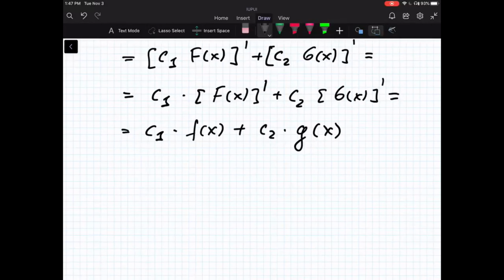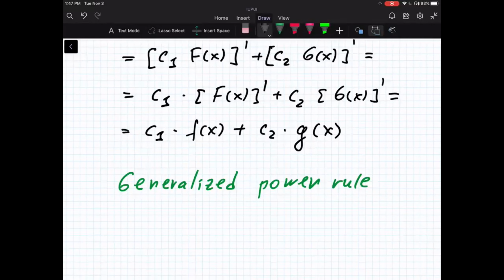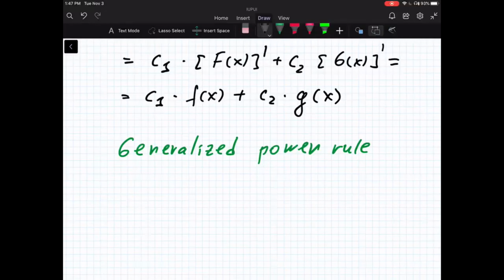Let's consider the following generalized power rule. We know that such a rule exists for the derivative, and thus there should be something in integration that corresponds to that. So what is the generalized power rule? Let's do it for an example. Suppose we have the function f of x, which is x squared plus 1, squared.